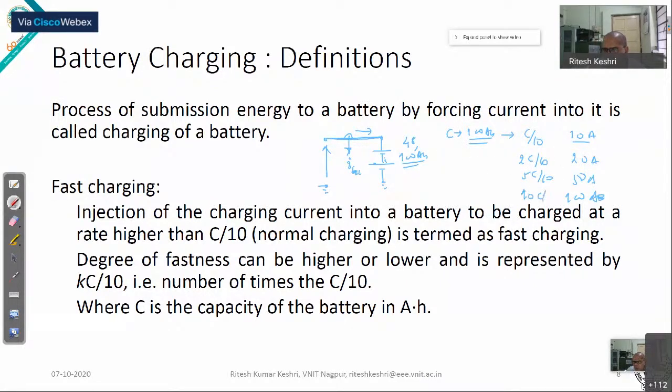Then it will be 10C by 10, which is 10 times faster than the normal charging. So this 1, 2, 5, 10 are called the degree of fastness, how fast you are charging the battery. Simple meaning is that if it is a 100 Ah battery, you charge it with 10 ampere, it will take around 10 hours theoretically. If you charge with 100 ampere, it will take 1 hour theoretically.